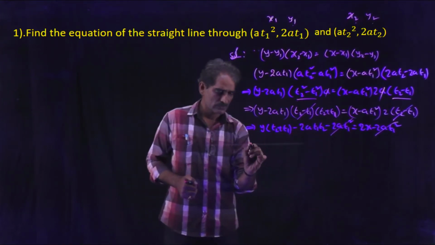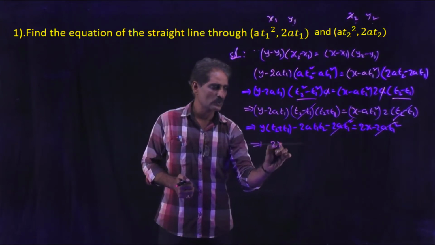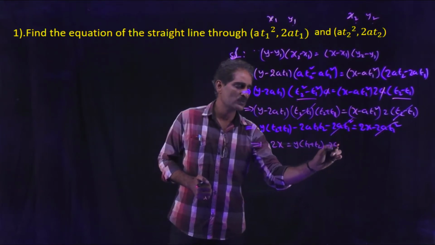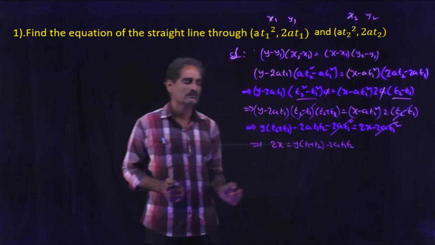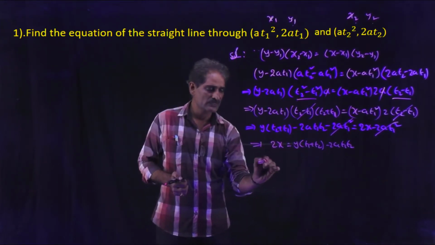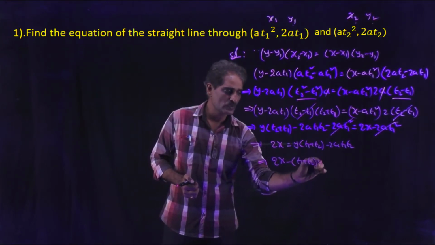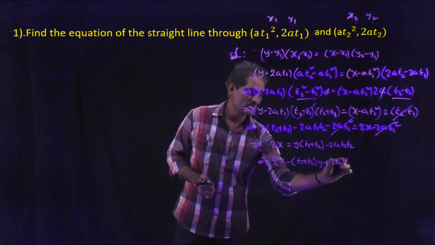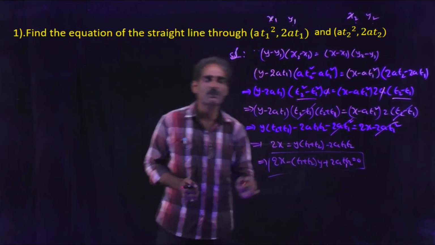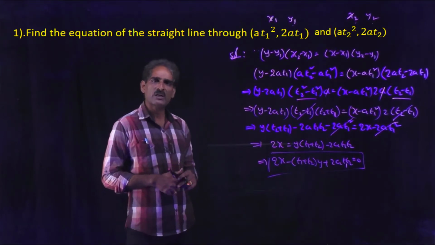Just write down in order x, y, constant. So 2x is equal to y into (t1 plus t2) minus 2a t1 t2. Otherwise you can write in x, y, constant form: 2x minus (t1 plus t2) into y plus 2a t1 t2 is equal to 0. This is the equation of the line passing through the points (at1 square, 2at1) and (at2 square, 2at2).